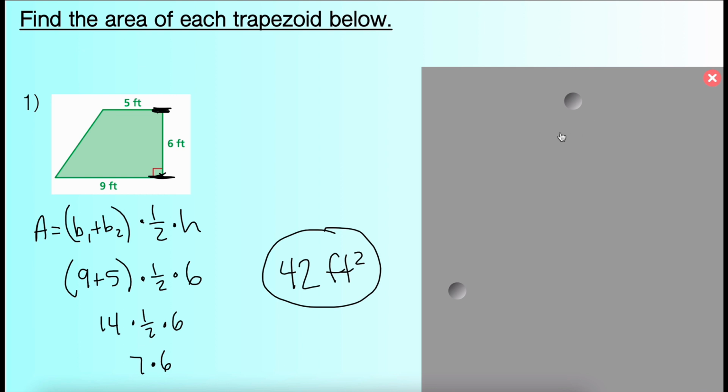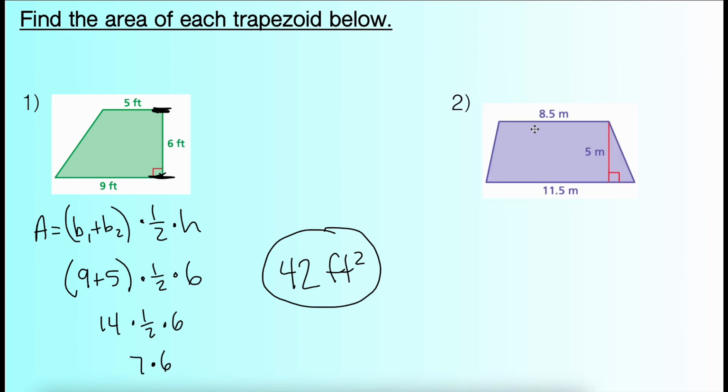All right, let's give this a shot on the purple second example. I'll pause and give you a moment to examine the figure and try to put it into the formula and see what you can come up with as a final answer. And don't worry about typing in a label. Let's just see if you can get the numeric part of the answer correct. All right, let's see how you did.